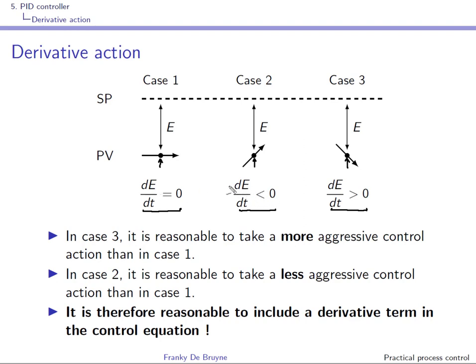And clearly you should react differently in case 2 and case 3, because in this case you're going in the right direction, whereas here you're going in the opposite direction, and this is really a motivation to add a third derivative term in the control equation.